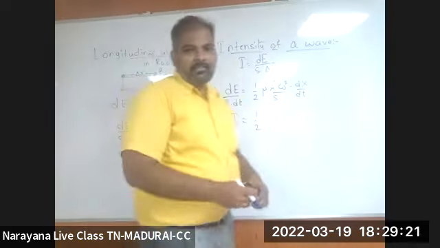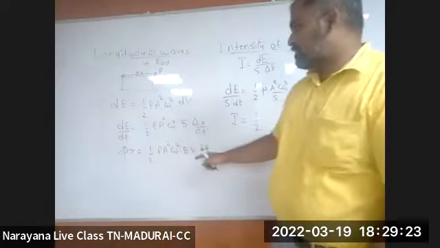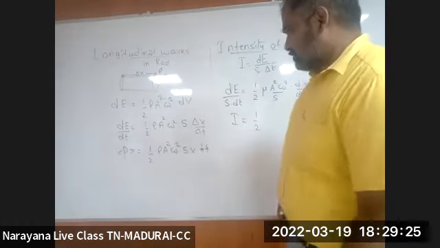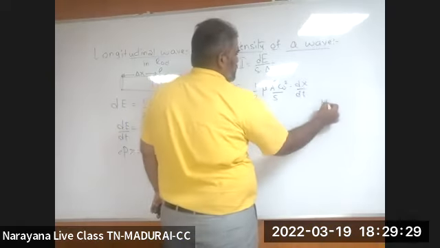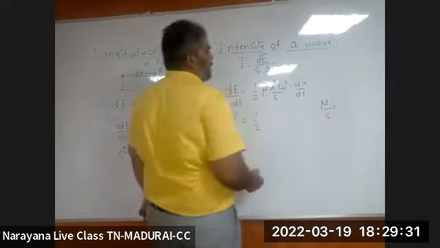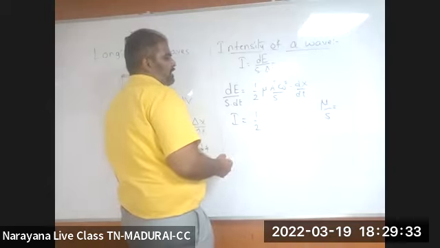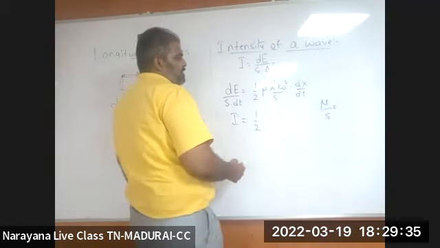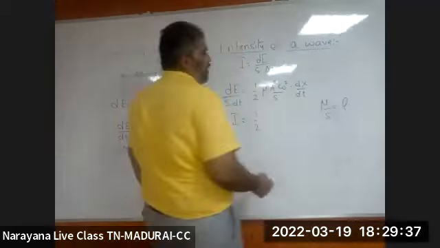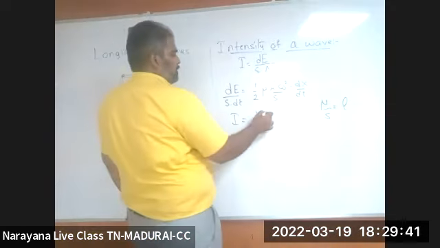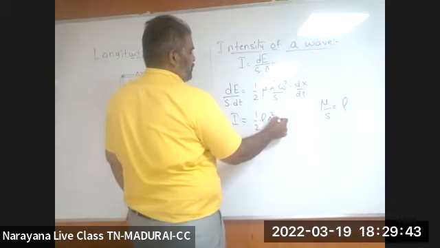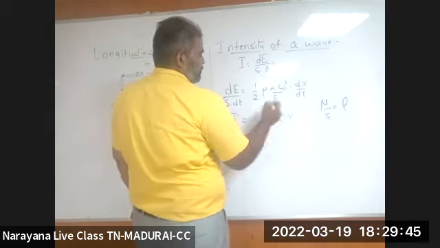Just now we discussed it: linear mass density. Remember this term: the ratio of the linear mass density to the area of the circular cross section is called volume density. So I can replace it with rho, A square, omega square, and into velocity.